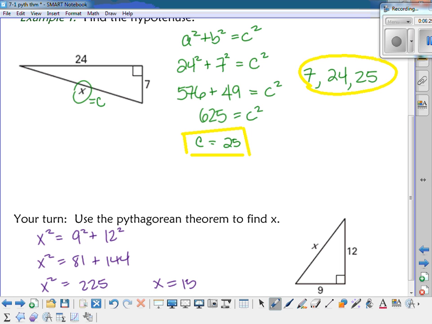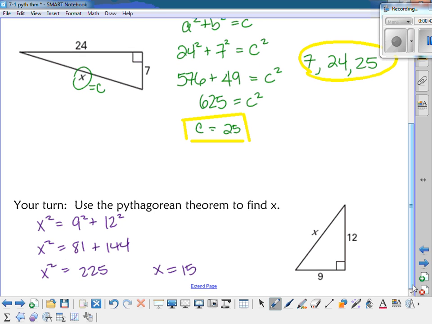15. Okay, so Zach, you did it a short way because you knew it was a 3, 4, 5 triangle, right? So can you verbally explain how you did it to the class? If it's a 3, 4, 5, then it's 3 times 3, 4 times 3, then it's 5 times 3.